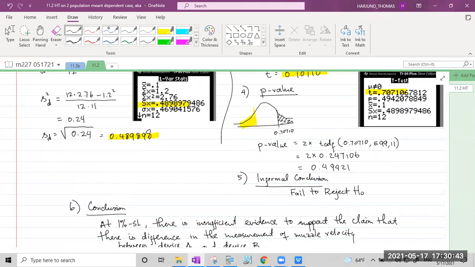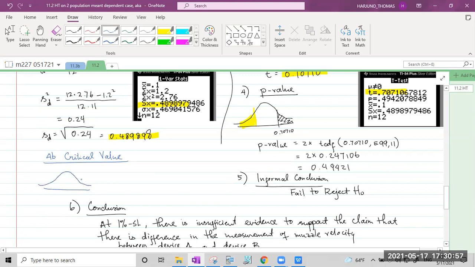Now, if you want to get extra points, then of course you do the critical value. This is two-tail, 1% divided by 2, that's 0.005 for each tail. So the critical value will be plus minus inverse t, area to the left 0.995, degree of freedom 11.